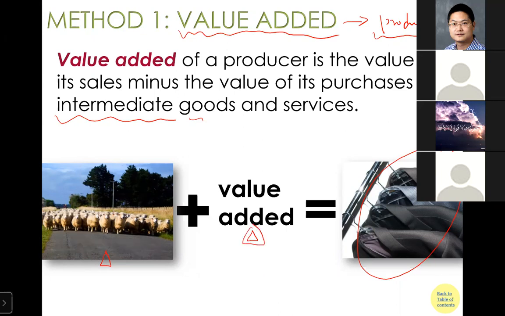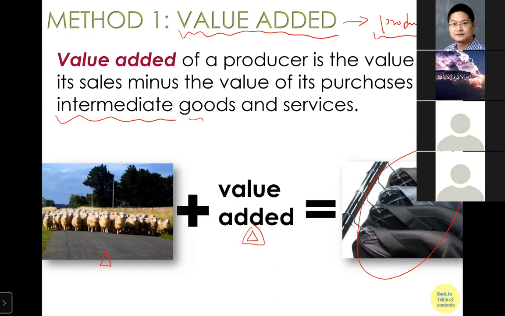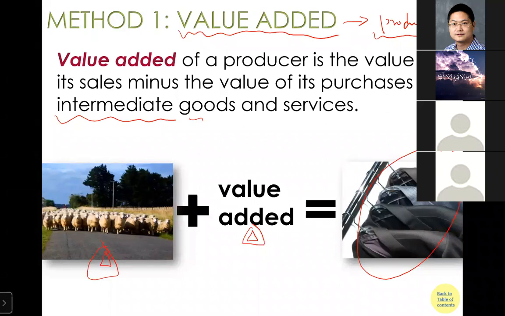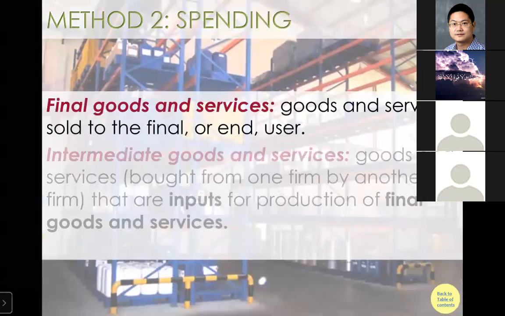When you calculate what this manufacturer produced, we must subtract the inputs they use. In some sense, intermediate goods and services are similar to inputs.